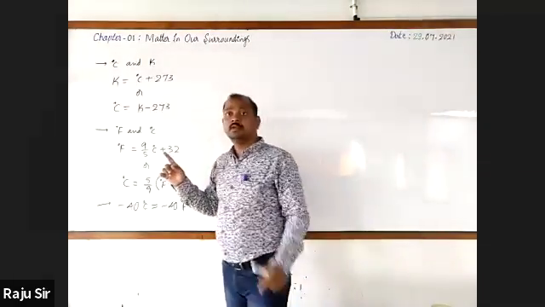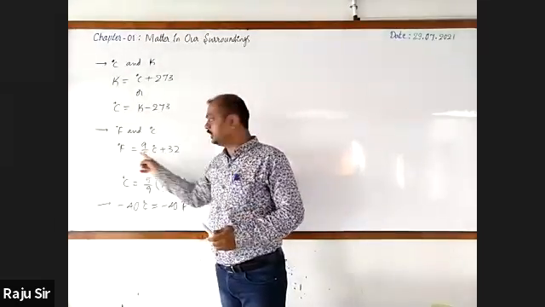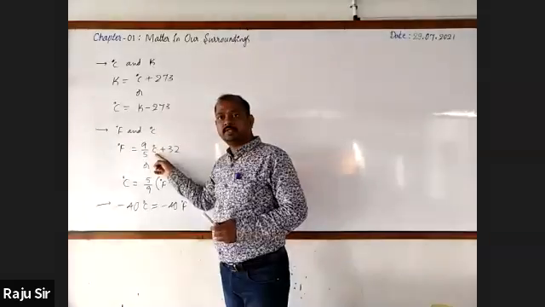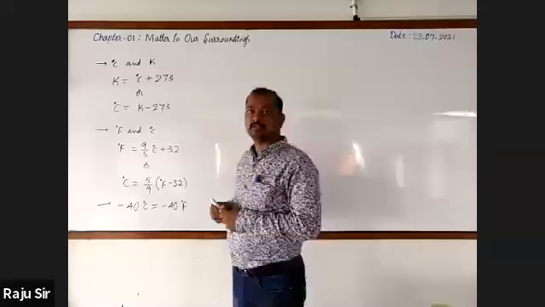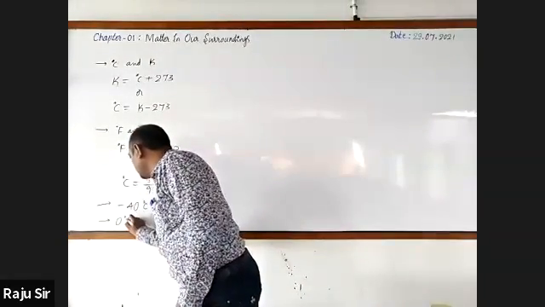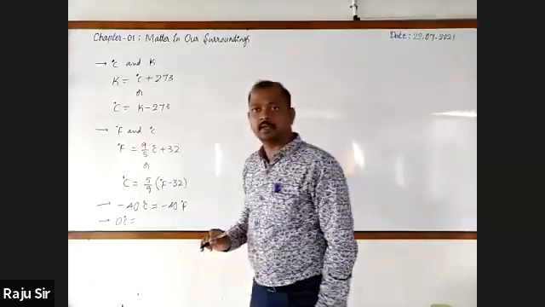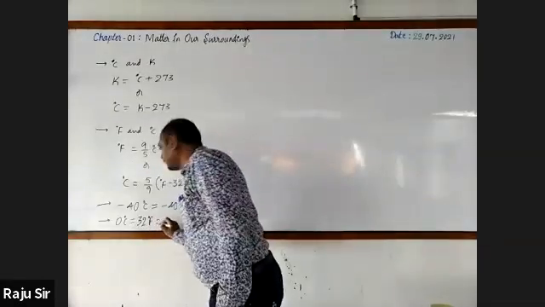Temperature is given in Celsius. It is 0 degree. It should be converted into Fahrenheit. So here, when you write 0, 9 by 5 into 0 is 0. 0 plus 32 is 32. So you have to remember this point also. 0 degrees Celsius is equal to 32 degrees Fahrenheit.